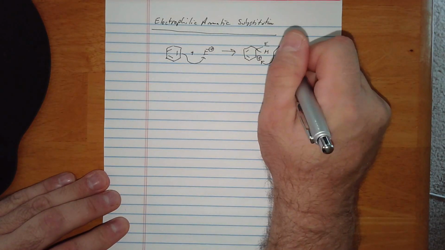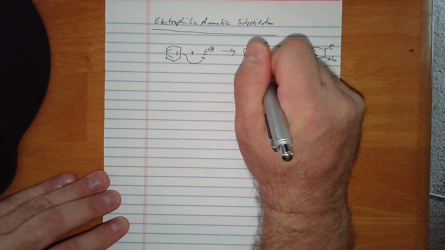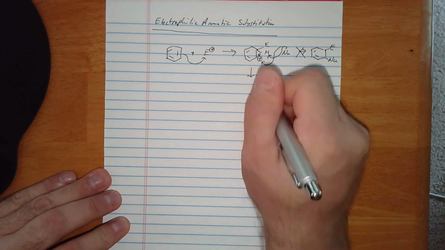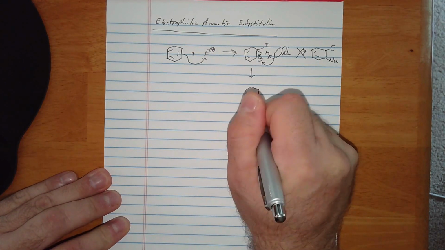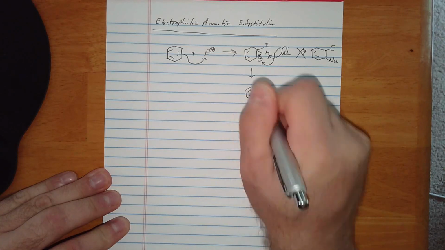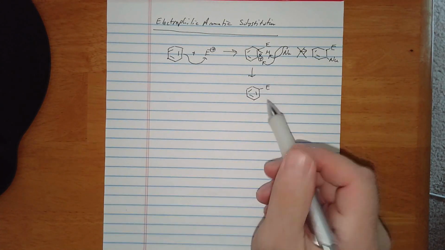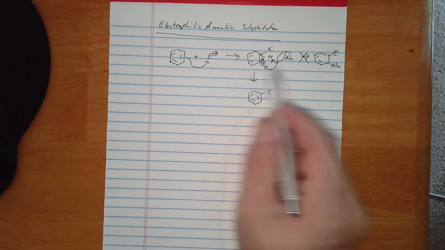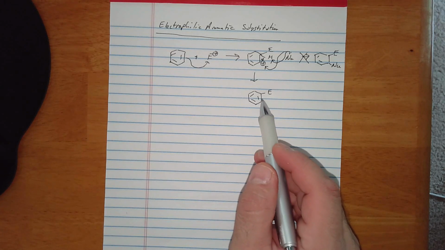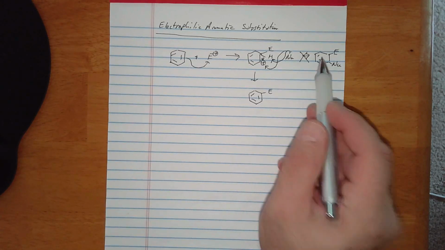Instead, the nucleophile behaves as a base and removes the proton. The net result of this is that one of the hydrogens on the aromatic ring is substituted for by this electrophile. So now the first question is, why does this reaction occur to result in the substitution instead of addition?